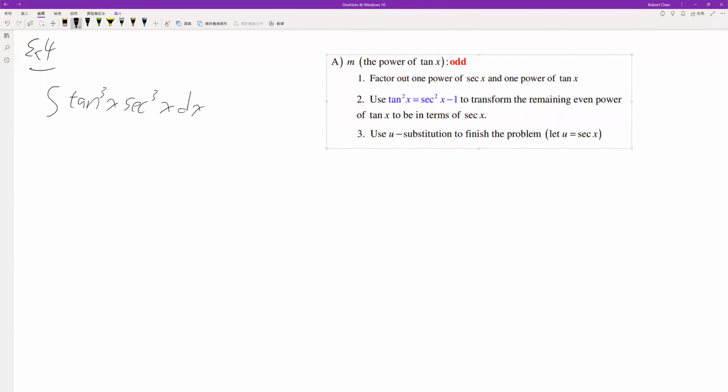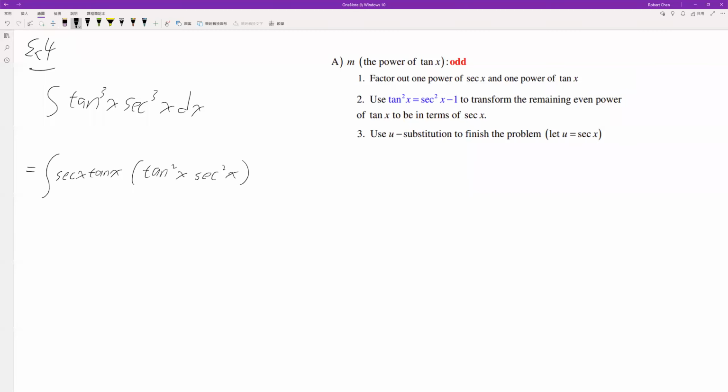So first, factor out 1 power of secant, 1 power of tangent. Okay, let's do that. All right, so we have secant x tangent x, and then tangent square x secant square x. Next, use tangent square equal to secant square minus 1 to transform the remaining even power of tangent into terms of secant.